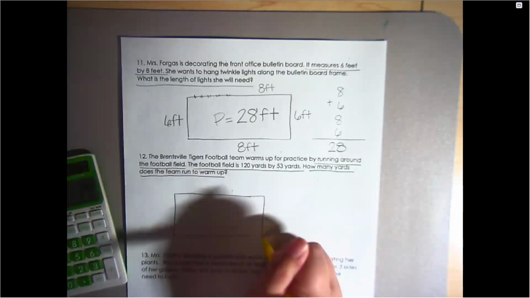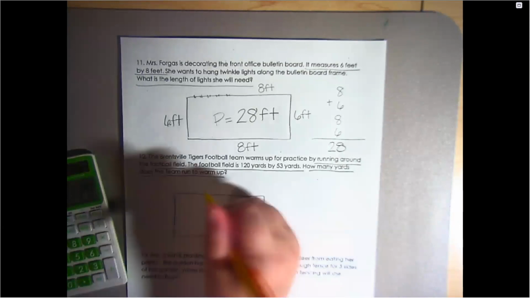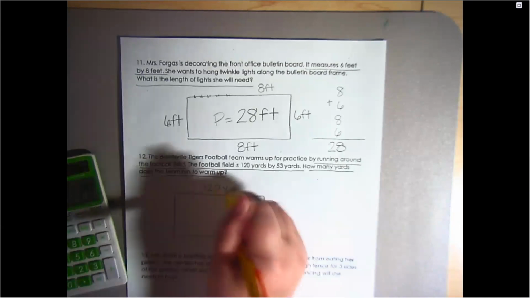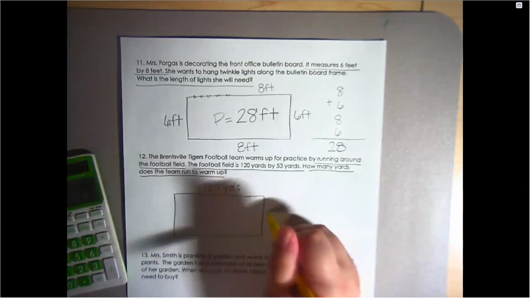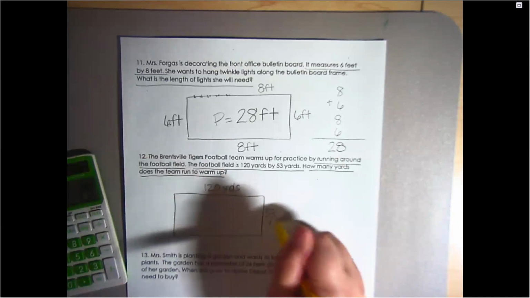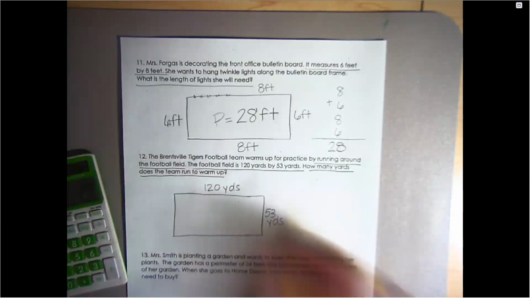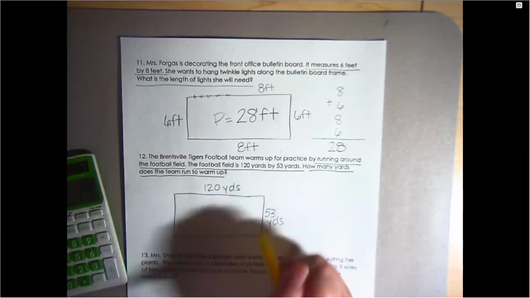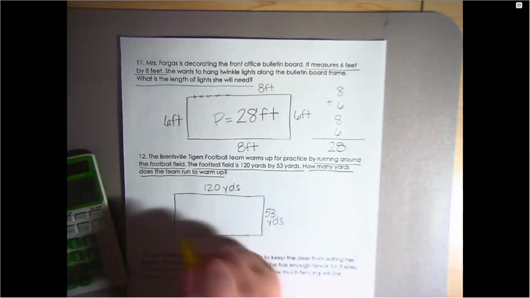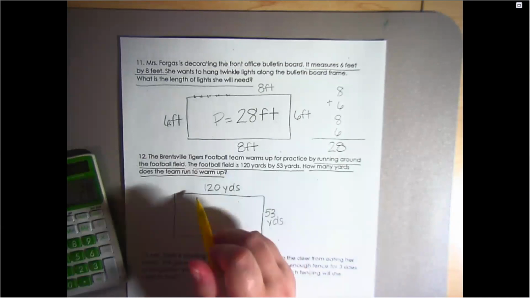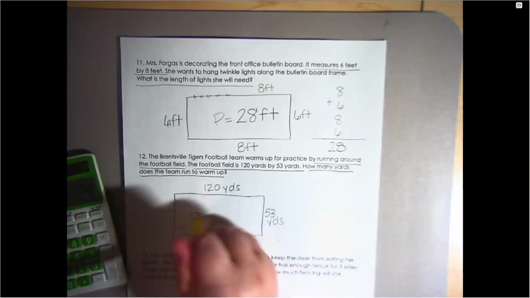It is 120 yards by 53 yards. And they want to know how many yards they will run if they run the perimeter, or the outside of the football field. So we're looking for the perimeter.